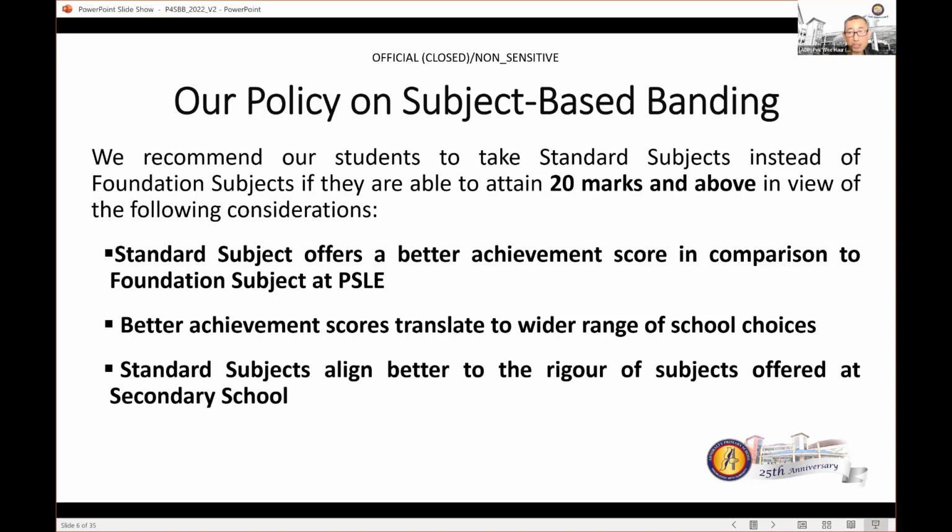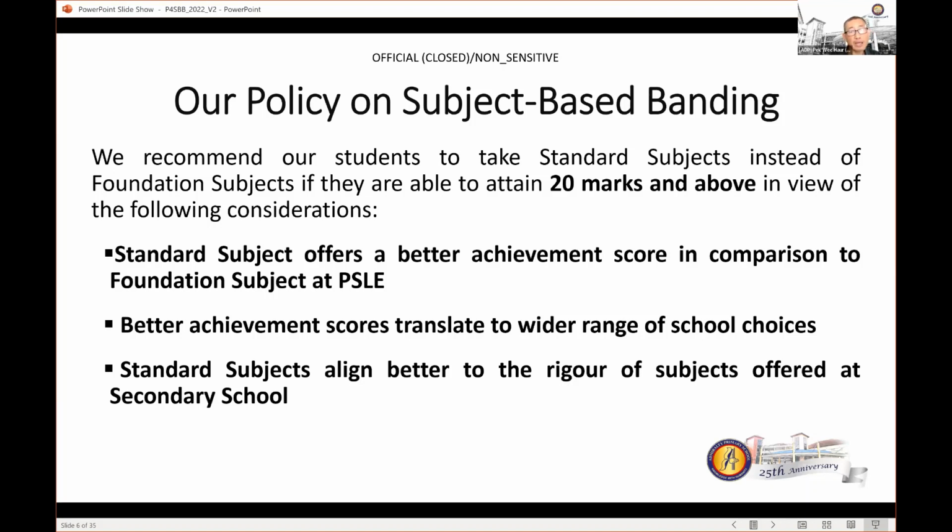Also, keeping them in standard subjects, because last year we also had a situation where, at the teachers' level, we debated, saying, oh, you know, this child, you keep the child in standard, we don't think the child is able to score better than a 6.